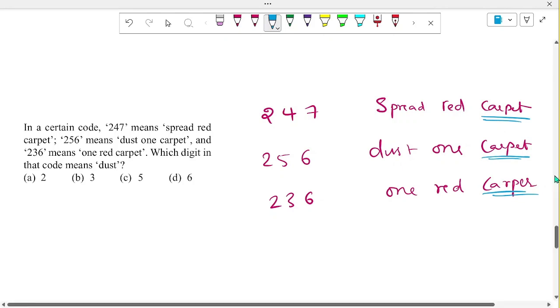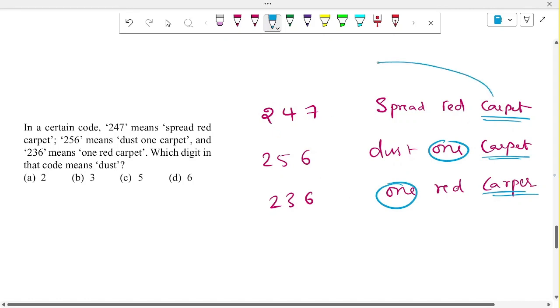So that way we'll be able to solve this one. Since we have got carpet here, observe this one.